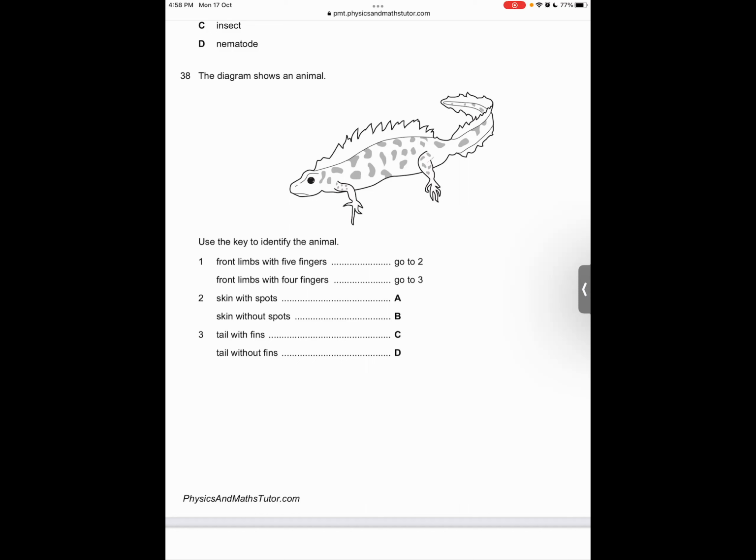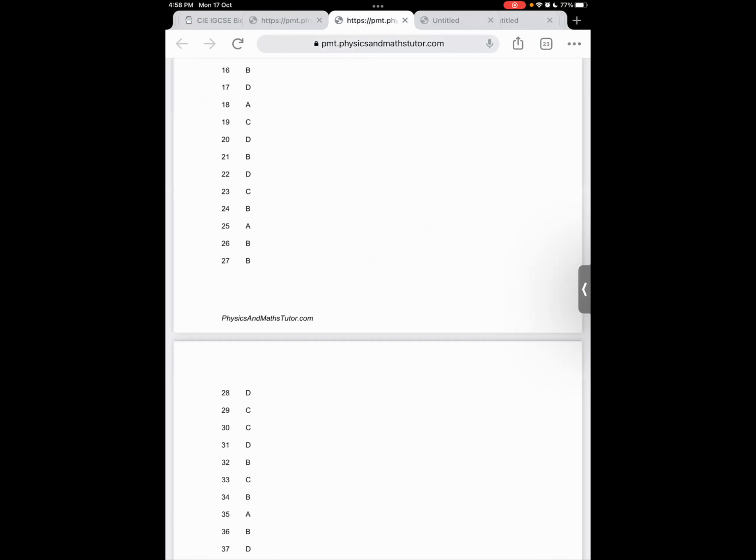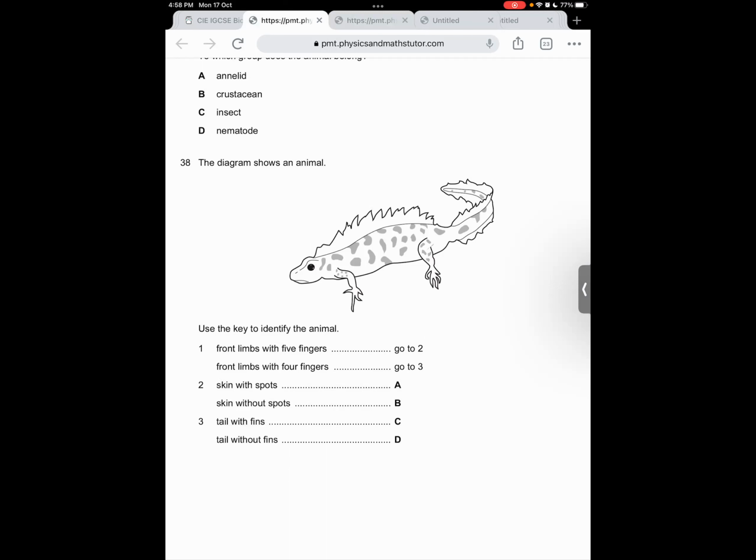Yes, so we will go to 3. And in 3, does it have a tail with fins or without fins? Without fins. So it's D. Let's recheck. This is 38, and it has to be D. 38 is C. Front limbs with 4 fingers.